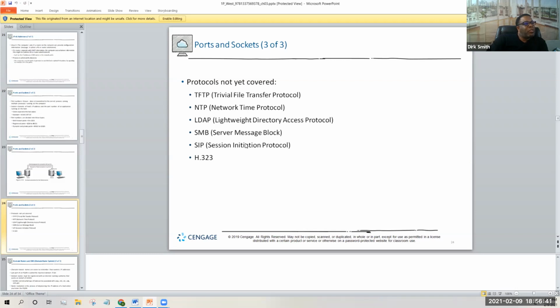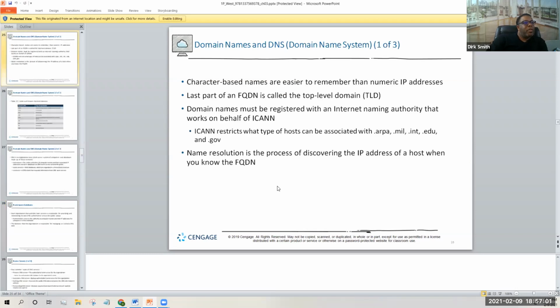NTP, I don't think I use any of these other ones, not knowingly directly. So just FYI, if you see these acronyms, just be familiar with them. And if anybody out there is thinking about taking the CompTIA examination, remember the acronyms.